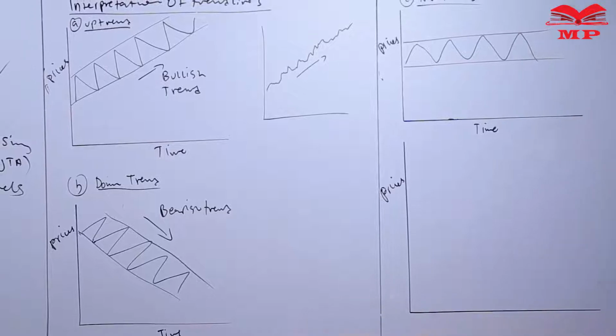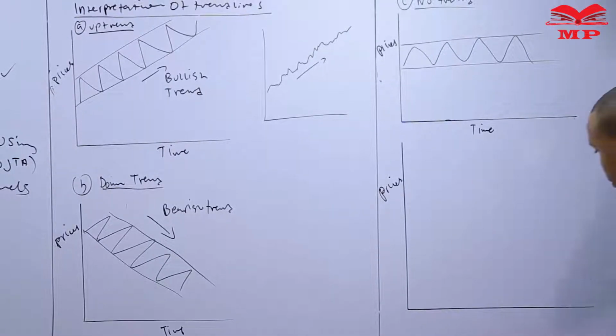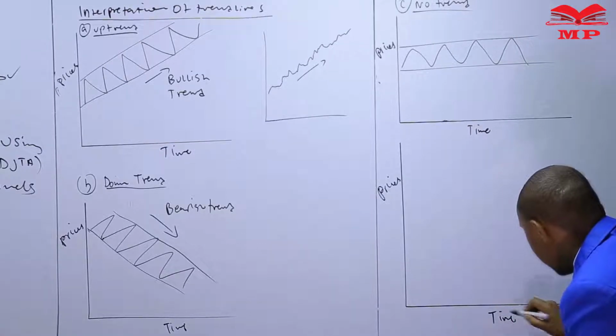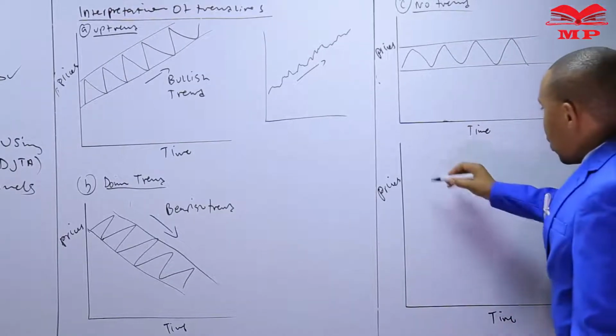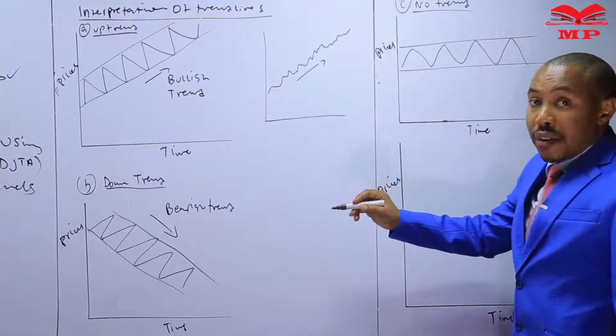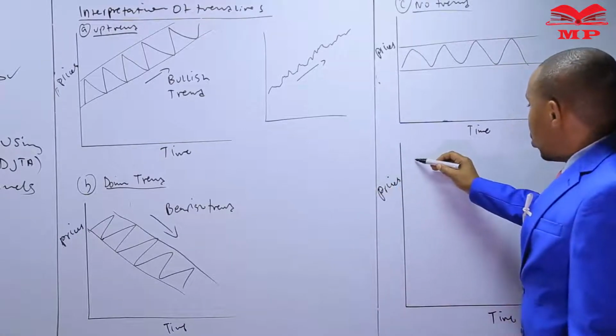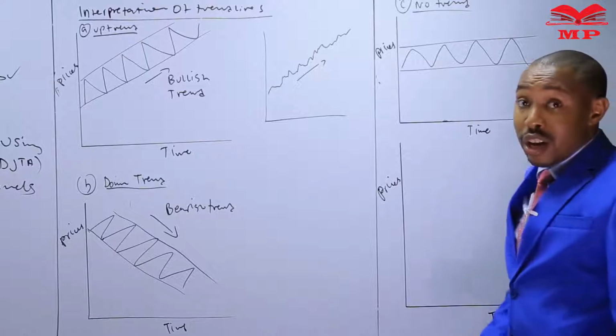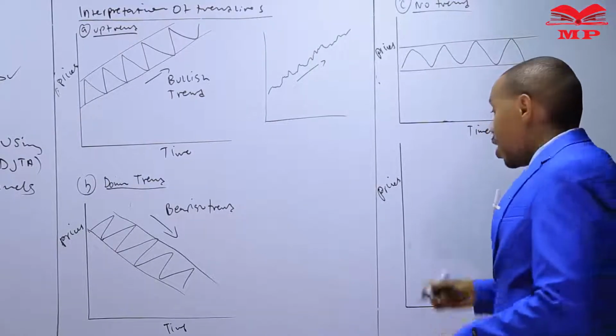I think that's better. This is time. Now, the Dow Jones Industrial Average is usually much higher. It has generally higher prices as compared to the Dow Jones Transportation Average.